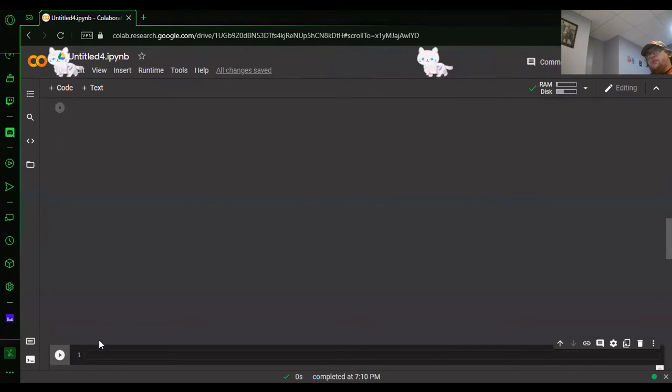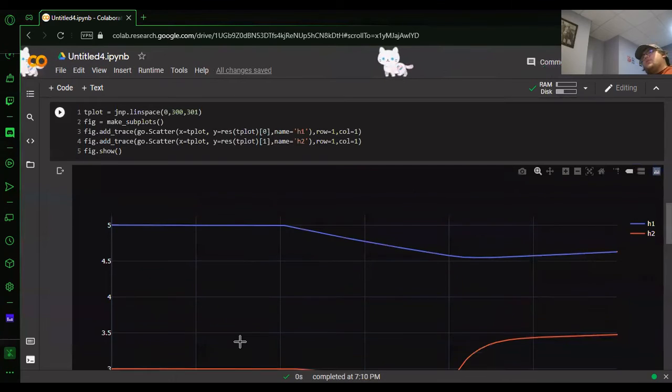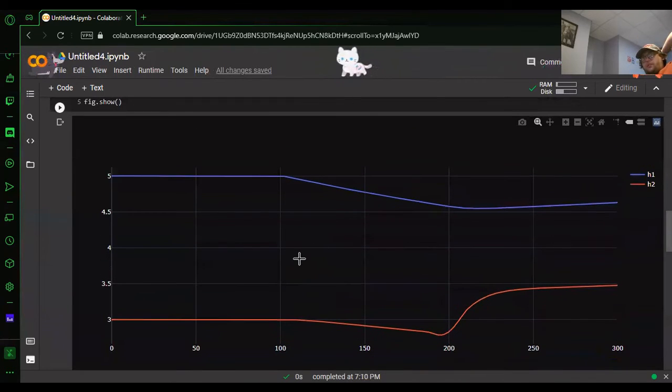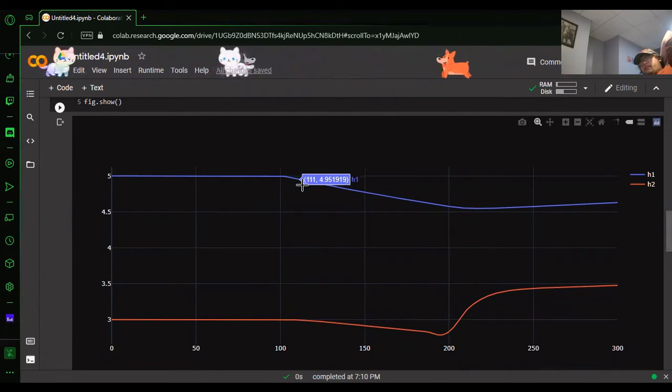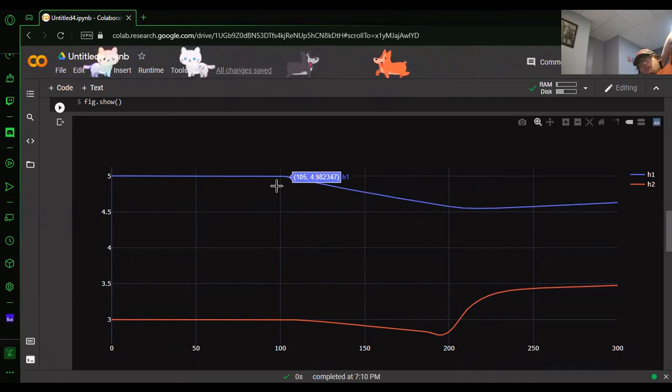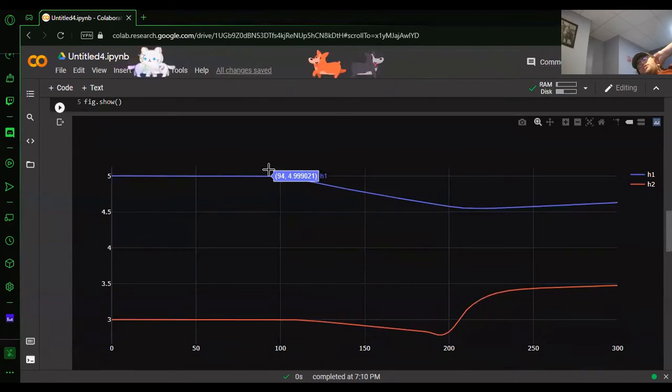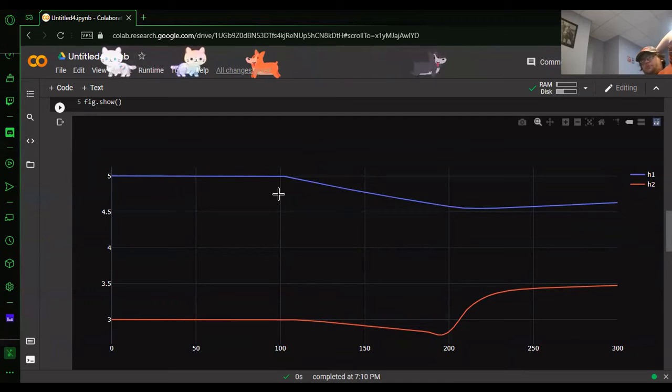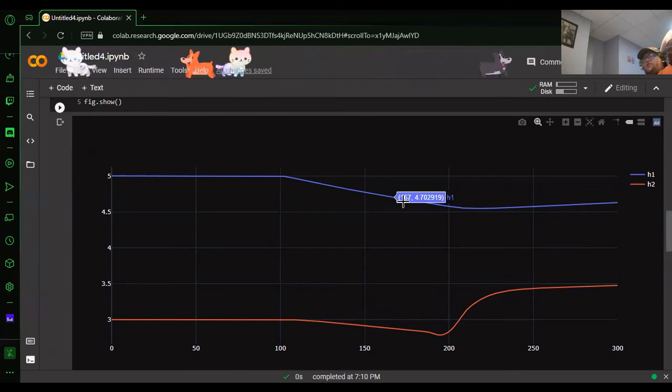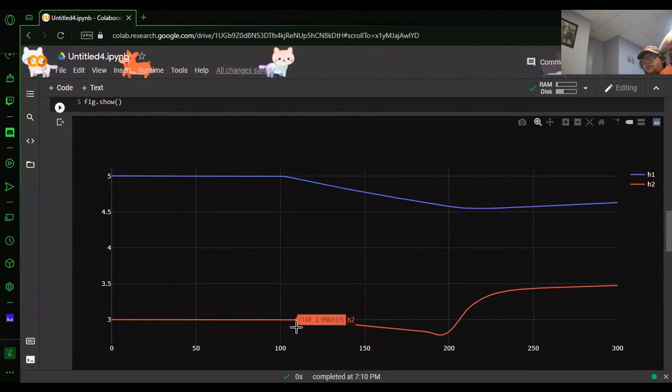And then if we run this command, what you're going to notice is right around here at 100 seconds, you see this dip occur. So right after we turned our inlet pipe down, our H1 started decreasing. And then same deal here, it started decreasing because more fluid was leaving the system through the outlet pipe than it was coming in through the inlet pipes.